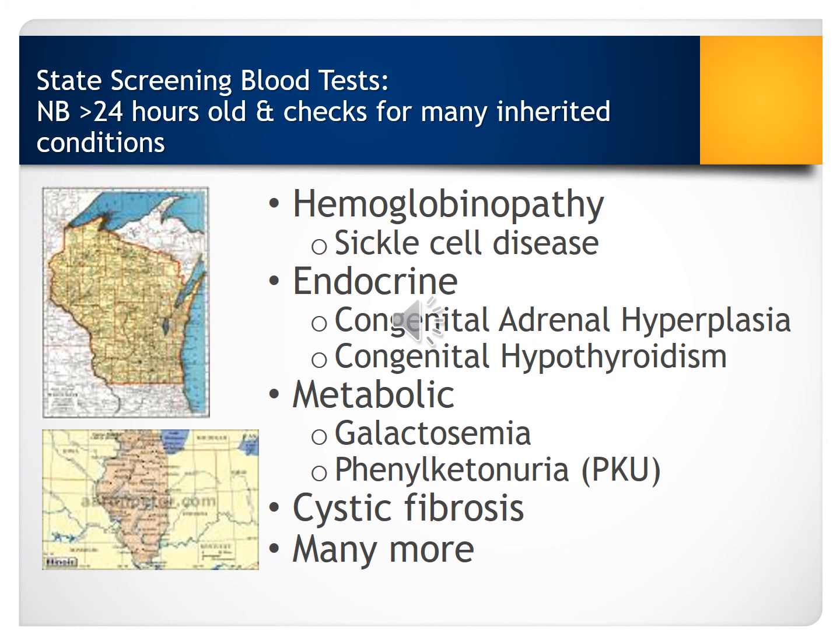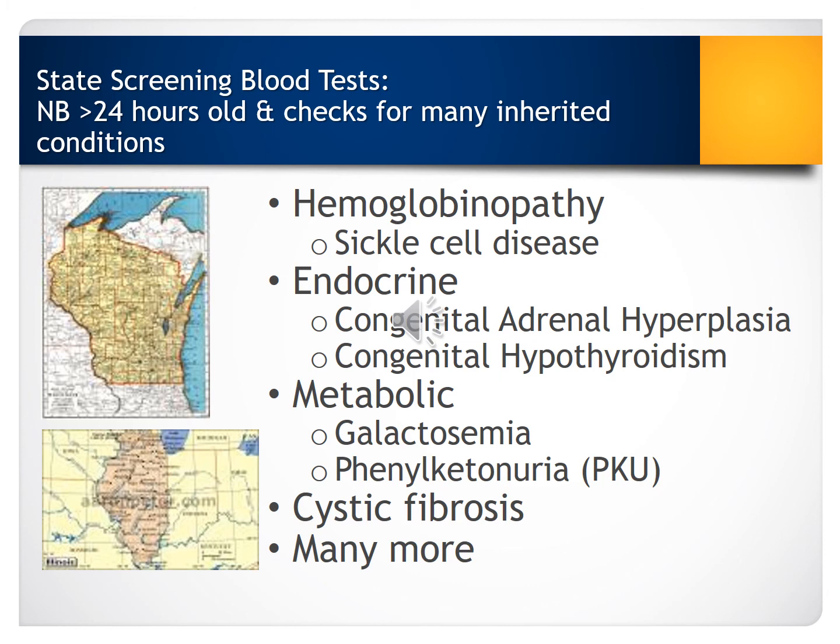So screening for sickle cell, for hypothyroidism, for galactosemia, cystic fibrosis, and others. And what happens is if there are any abnormalities that come back from those screenings, the families will be notified via mail of what types of follow-ups need to be done.